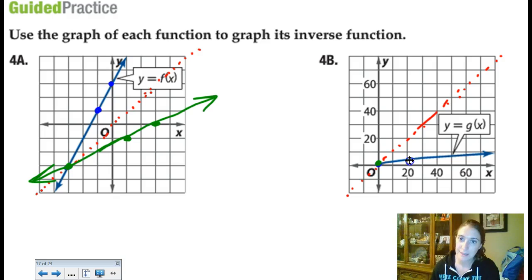This looks like 5, 25 as an ordered pair, so mine's going to be 25, 5-ish. And then this is roughly the ordered pair 40, 10, so mine's going to be roughly 10, 40. All right. You know what? Not bad for me. Good job.